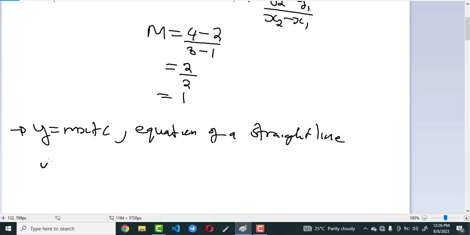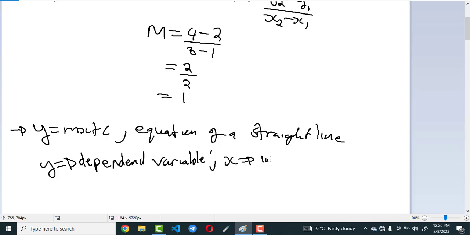In machine learning, especially when doing linear regression, y is our dependent variable, because y depends on mx plus c, and x is our independent variable.